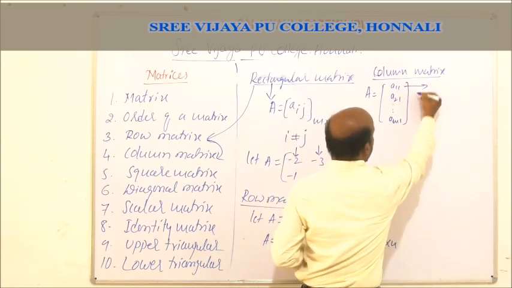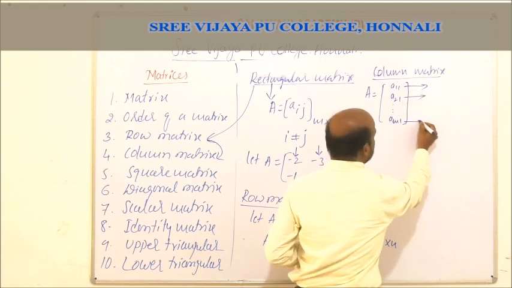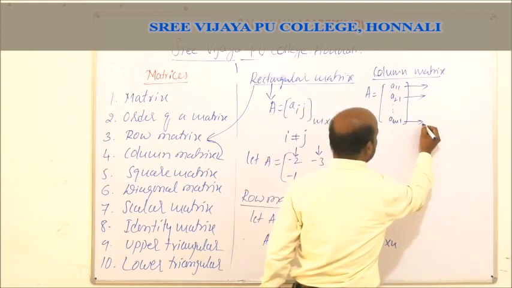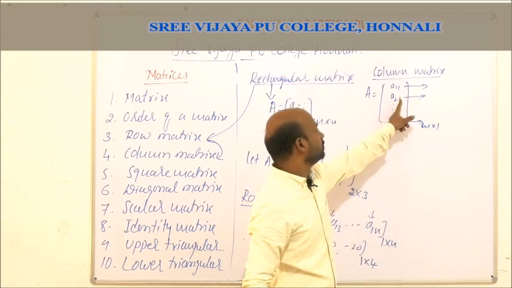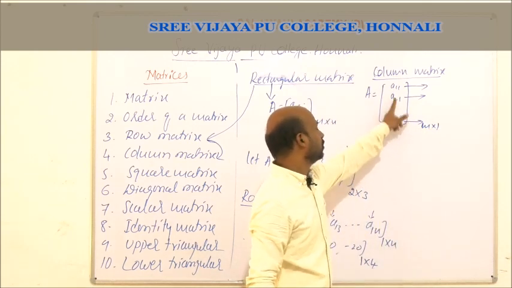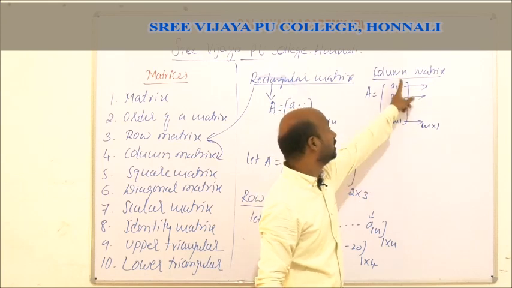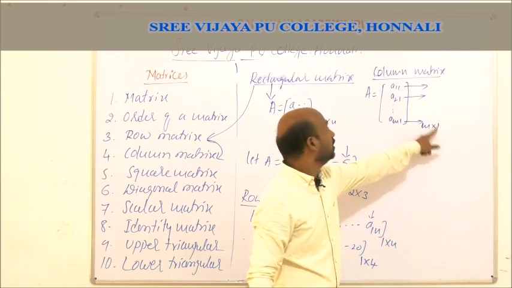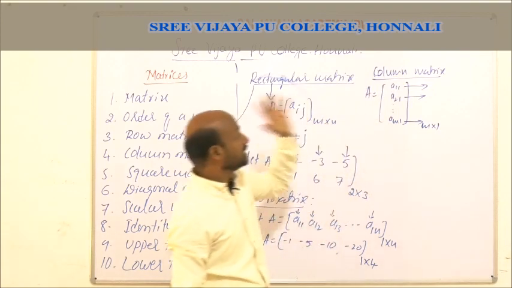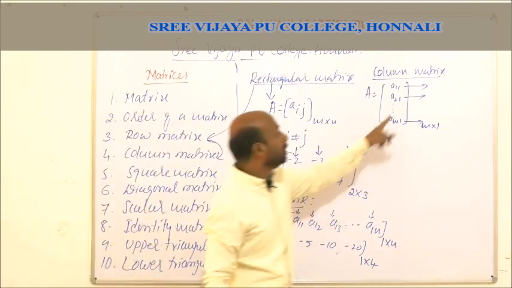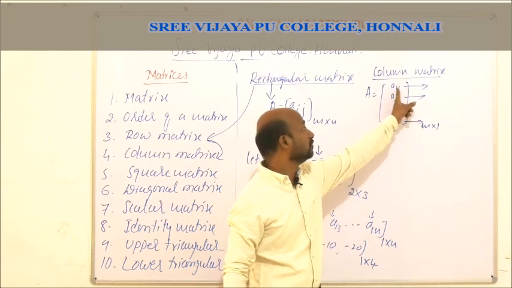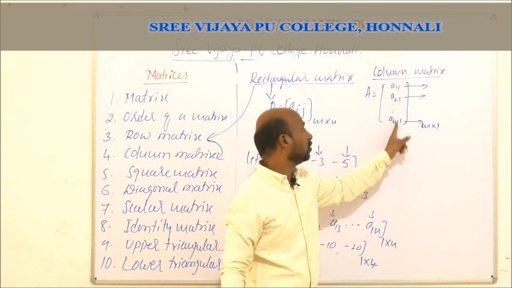So first column, and this is the mth row. First row, second row, third row, fourth row, and in general this is the mth row, but the number of columns is only 1. So a matrix is said to be a column matrix if it has only one column, but it has m number of rows.